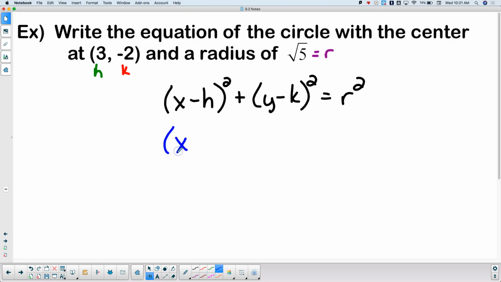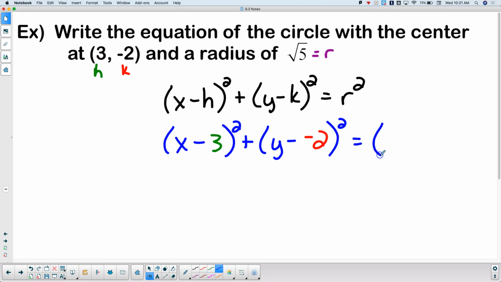So this would become x minus 3 plus y minus negative 2 equals square root of 5 squared.